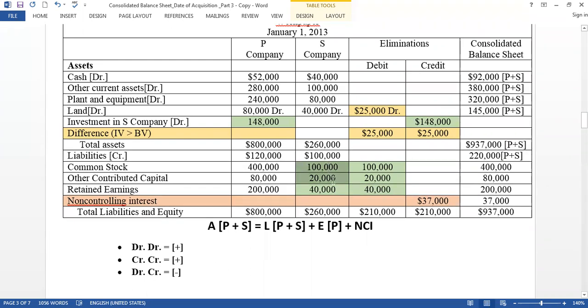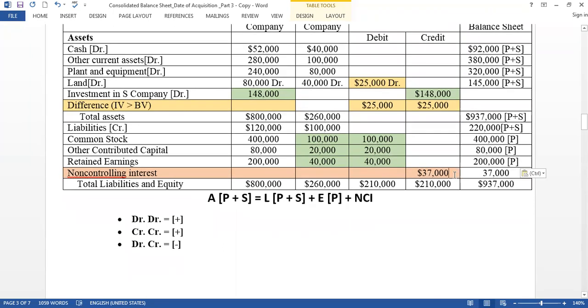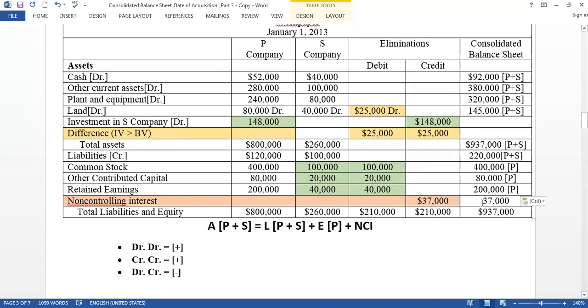Then this is debit, credit, zero. We have only the P account. That means the parent company's common stock, then the parent company's other capital, and the parent company's retained earnings. And non-controlling interest we put on the credit side.